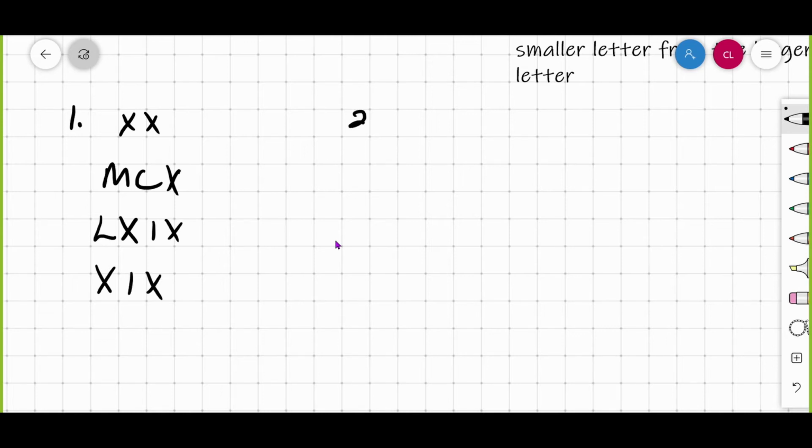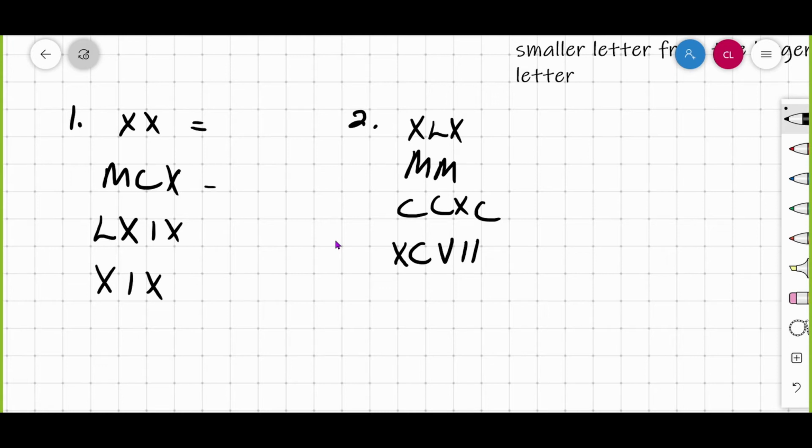And then for number 2, we have XLX, then CCXC, XXC, VI. Alright guys, work these out for me please. I'm going to give you a few minutes to work those out.